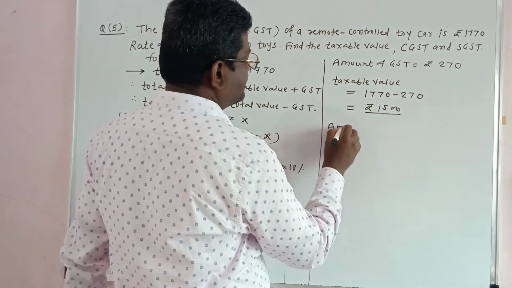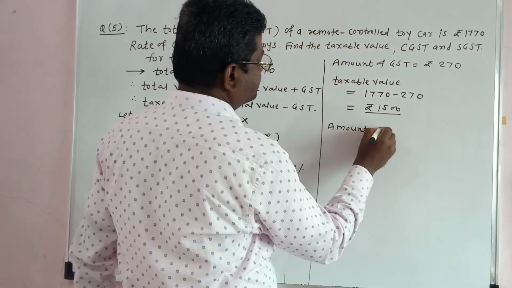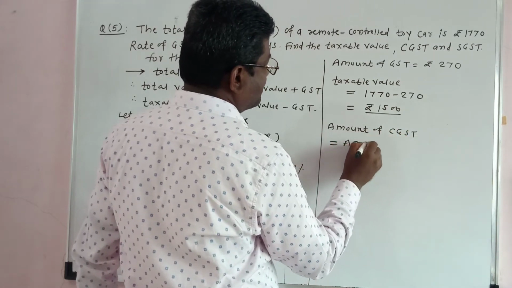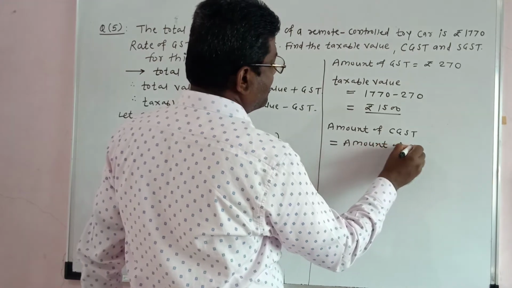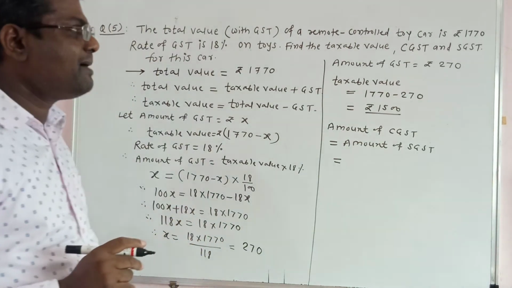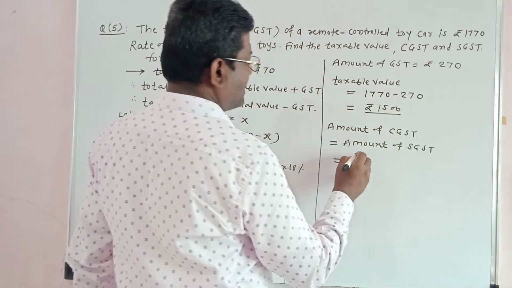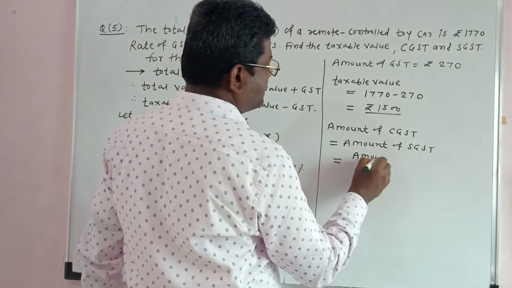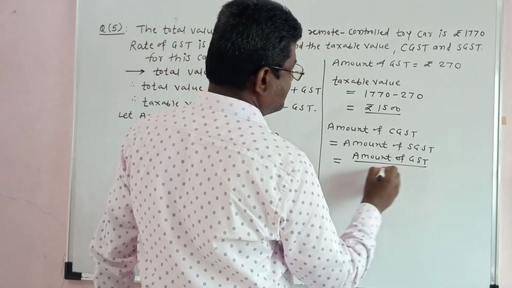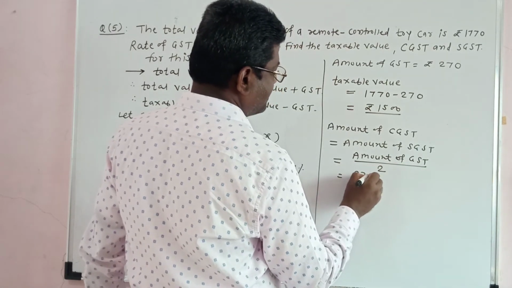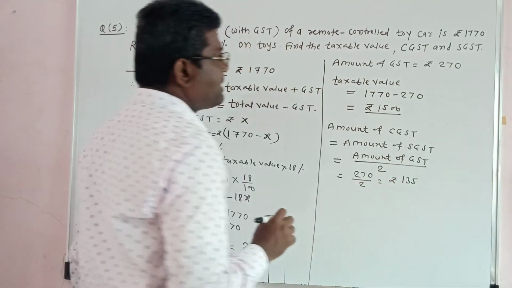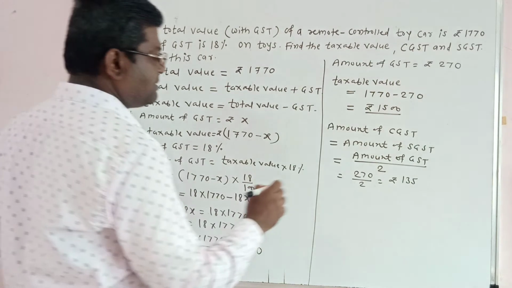So amount of CGST is equal to amount of SGST is half of GST is equal to amount of GST upon 2 is equal to 270 upon 2 is equal to rupees 135.